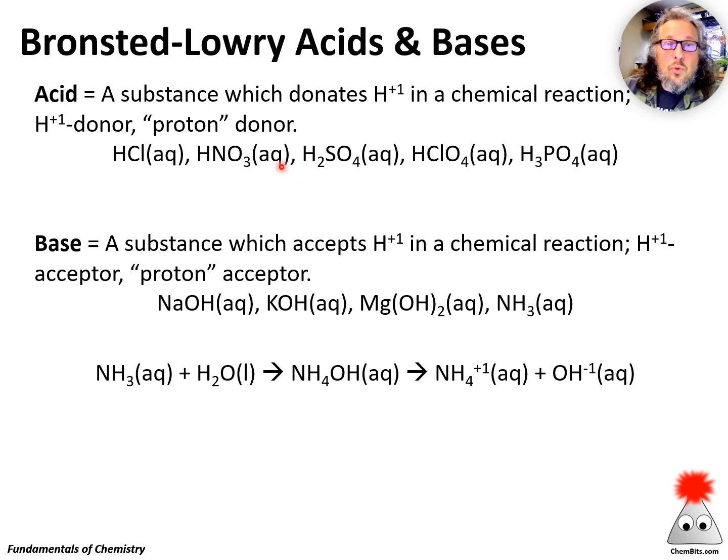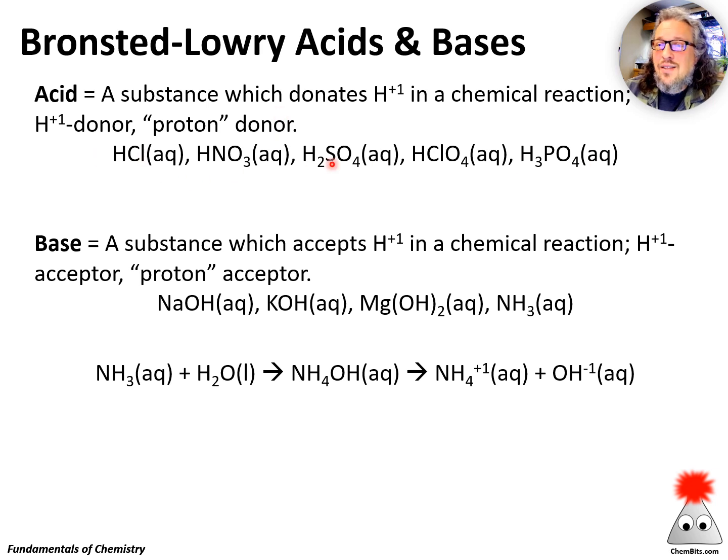The Bronsted-Lowry definitions of acids and bases are similar, especially if we think about the acid side. Bronsted and Lowry didn't really have a problem with the Arrhenius definition of acid, so they defined acid very similarly. An acid, in the Bronsted-Lowry sense, is a substance which donates H+ in a chemical reaction. So it's an H+ donor, and H+ is often referred to as a proton when we're talking about acids and bases.